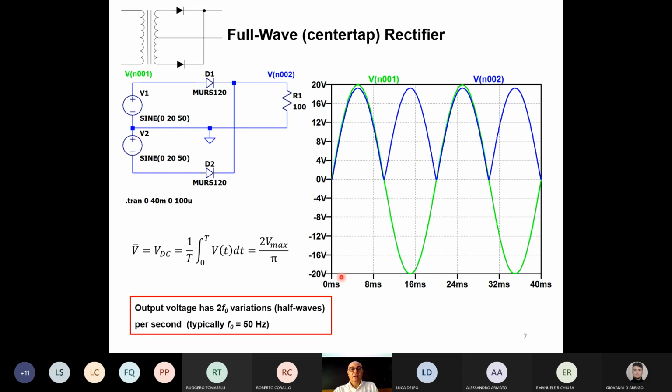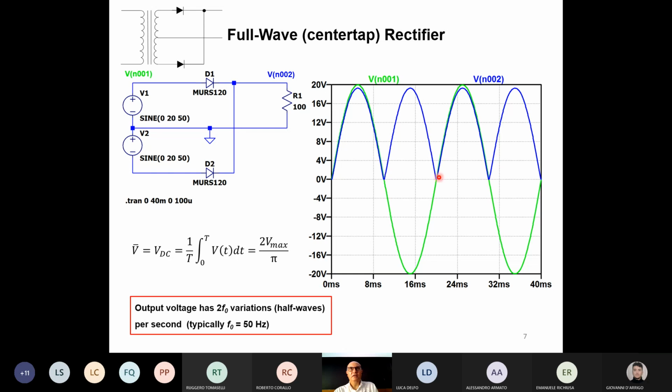Okay. The other thing to consider is that now this output voltage has a variation with a frequency which is 2 times F0, the network frequency. So the variation of this output voltage is 100 Hertz.